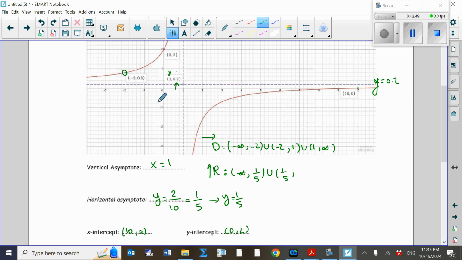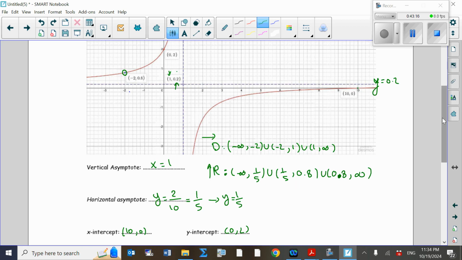And then again, at this point, the y of this hole, the function is not defined. So 0.8 is not defined. After 0.8, it is again defined. So you need to make sure you exclude the x and y of the hole from the domain and range, 0.8 to infinity. So this is the range of the function.